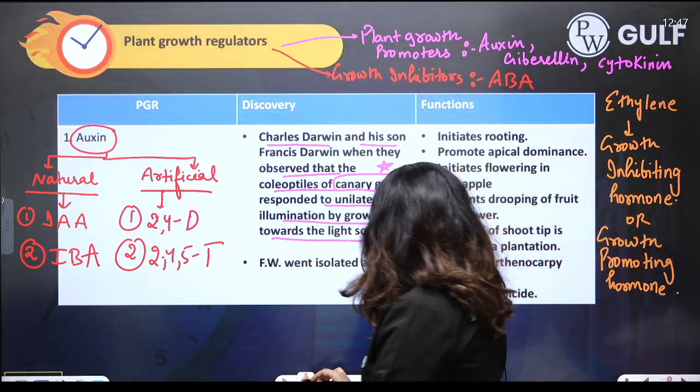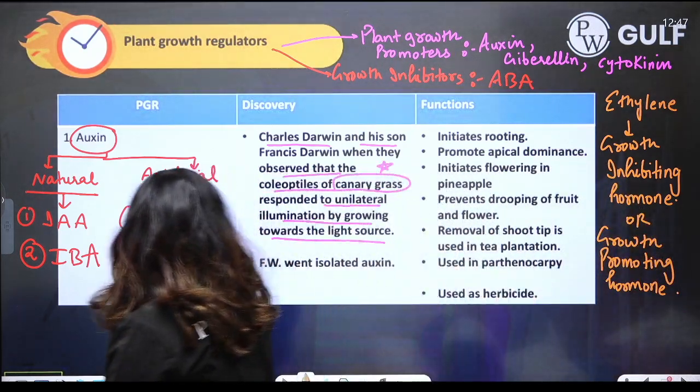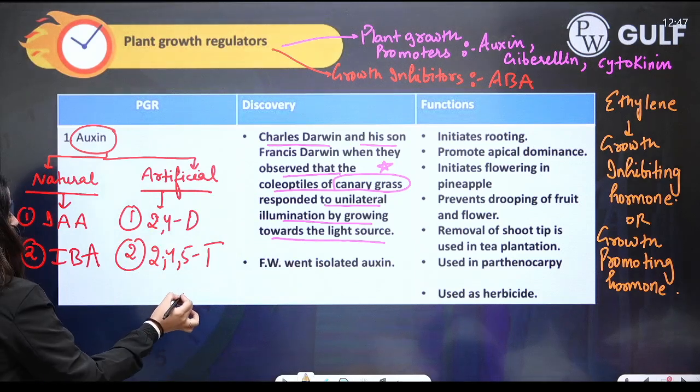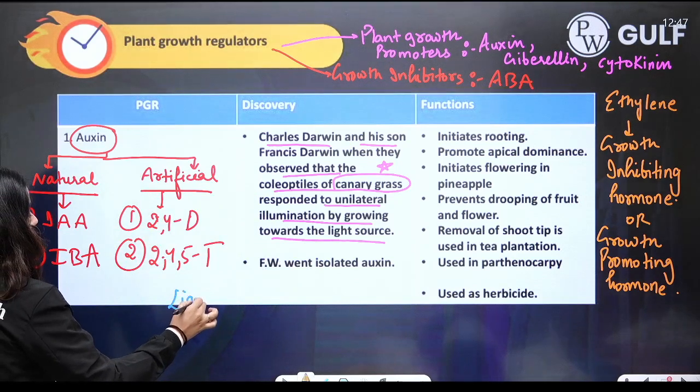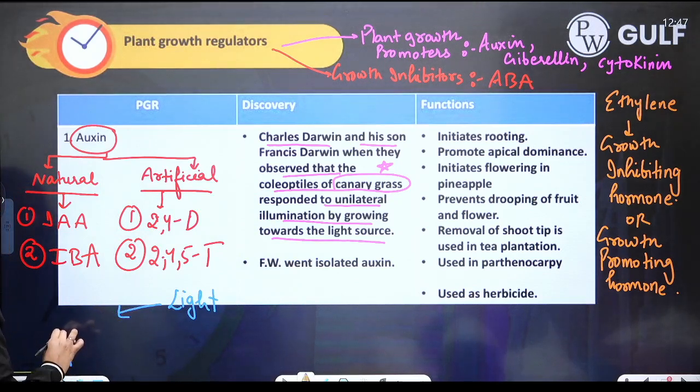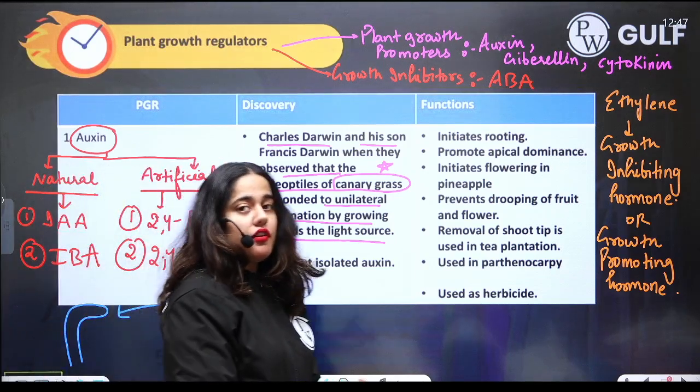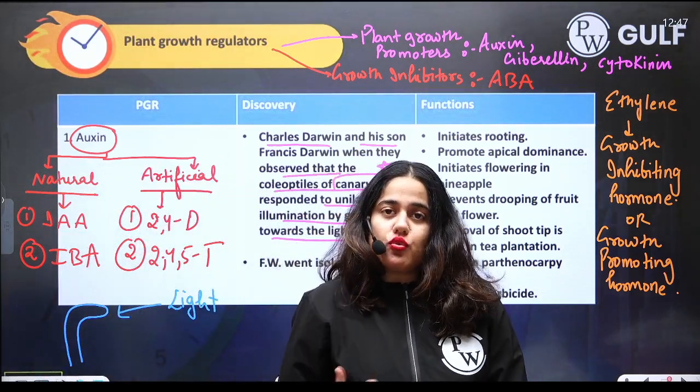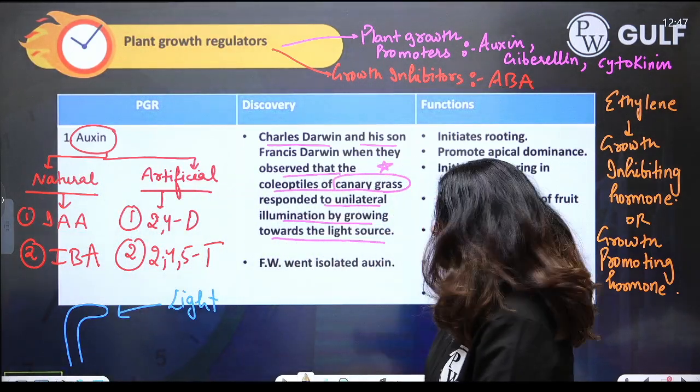So what they observed was that when the light is provided from one side, the shoot grew towards the light, right? Wherever the light is coming from, the shoot will bend towards it.